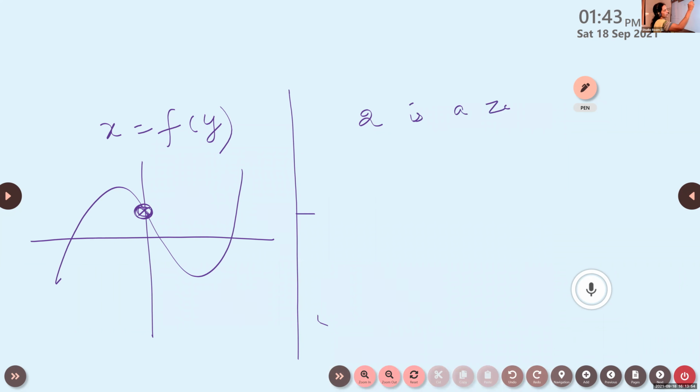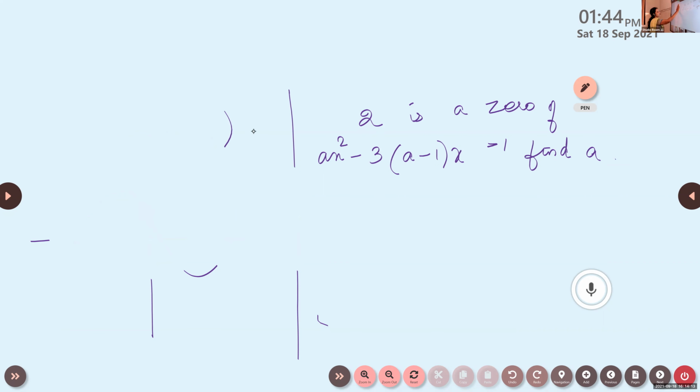If 2 is a 0 of ax square minus 3 into a minus 1 into x minus 1, find a. If 2 is a 0 of this polynomial, find a.